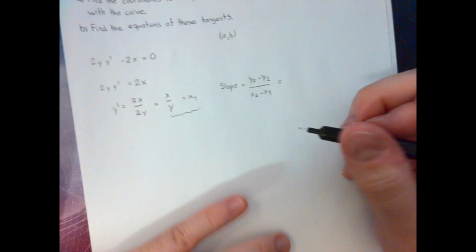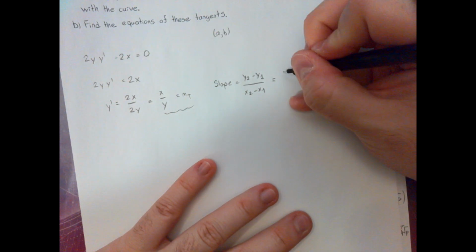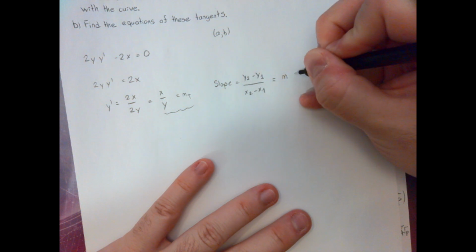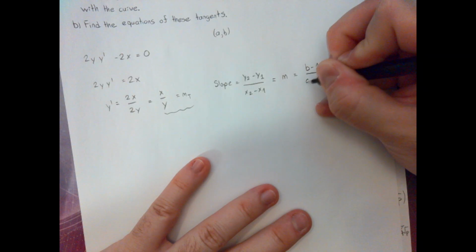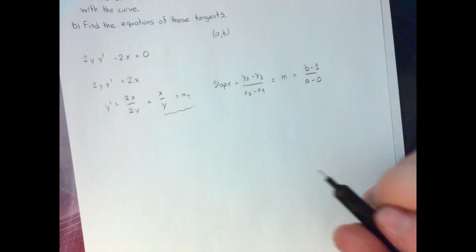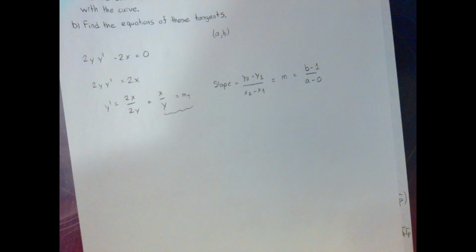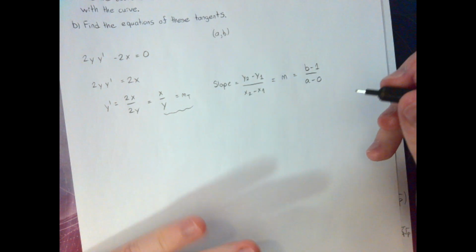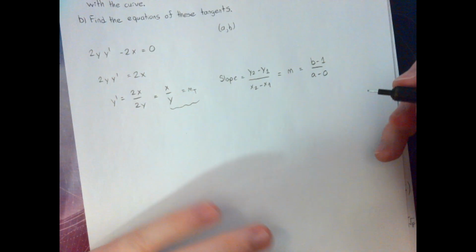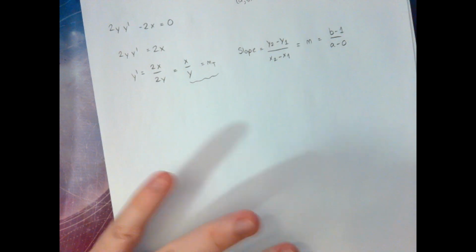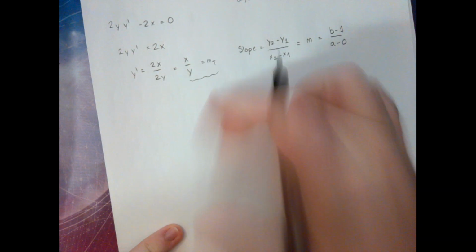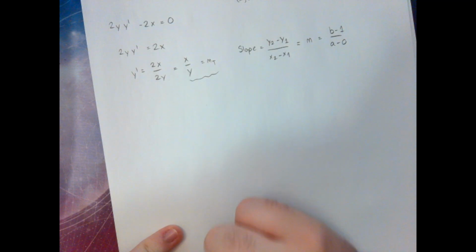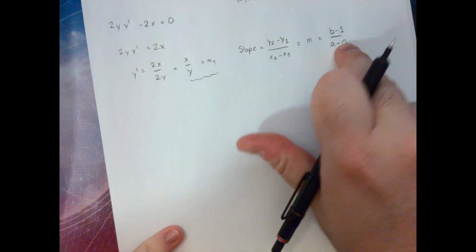So, applying this formula to our question, we can also have our slope be equal to b minus 1 over a minus 0, using the coordinates that were given, (0, 1). Now I have these two equivalent expressions. When I sub in x and y, we use a and b for our point of contact, which will be equal to our other expression.